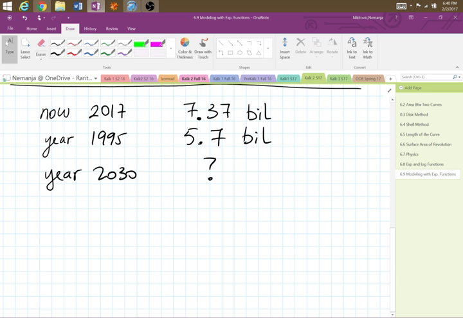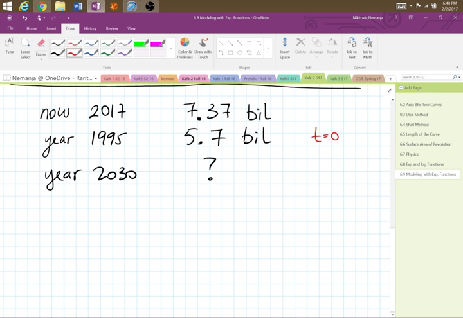There's no calculus in this thing, but we will add calculus at the end once we're done with mathematical modeling and answering this question. All right, so what am I going to do here? This is very important, guys. If you get this part, the rest might be much easier for you. I am going to say that the world begins in 1995, and I am setting that as my t equals 0.